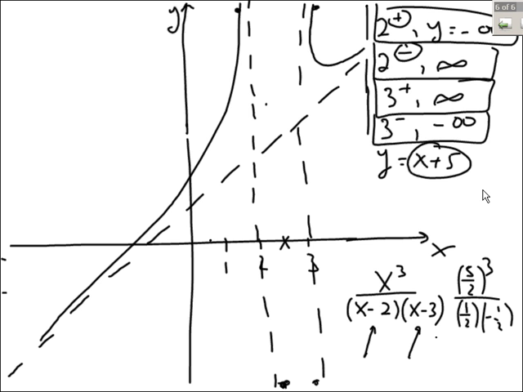So on the top, you get 125 over 8, and on the bottom, you get negative a quarter, and this becomes a negative 125 over 2. That is negative 62.5.